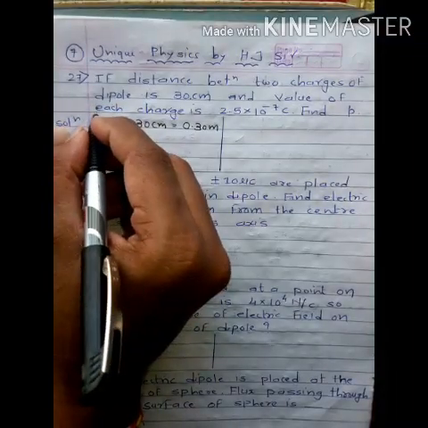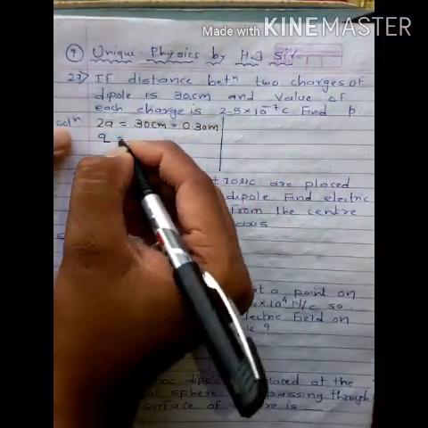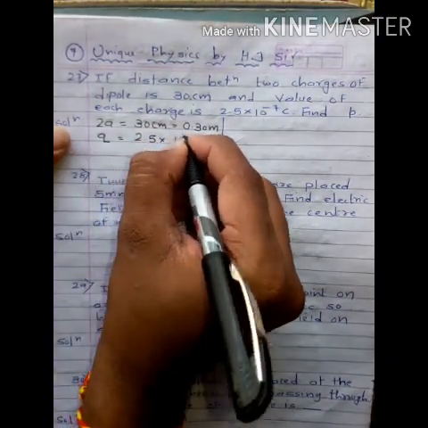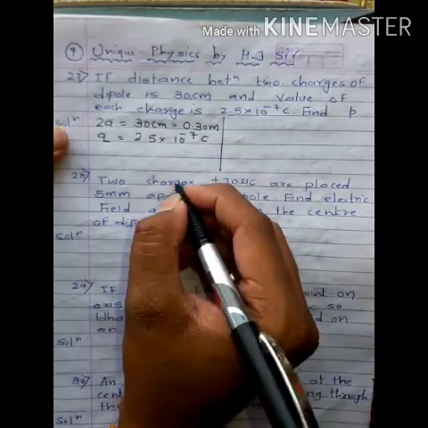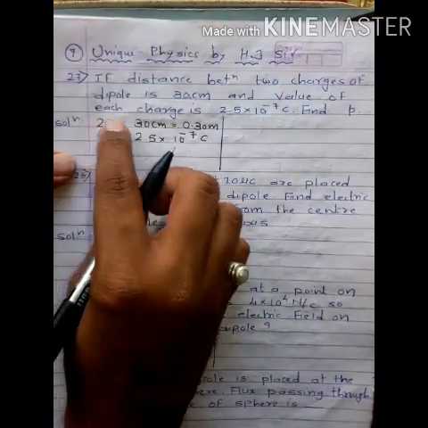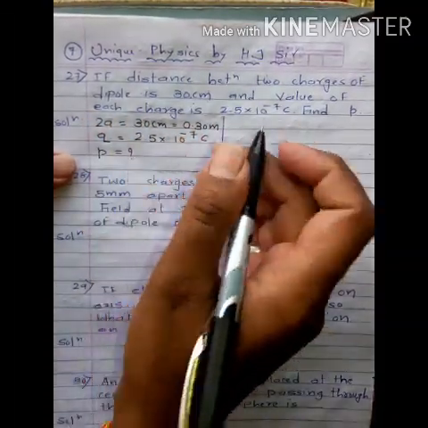And the value of any one of the charges is given: q is equal to 2.5 into 10 raised to minus 7 coulomb. Find the dipole moment, small p. Distance 2a is given, charge small q is given, so we want the dipole moment.